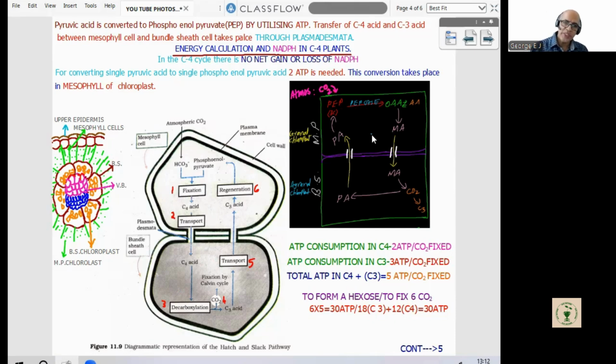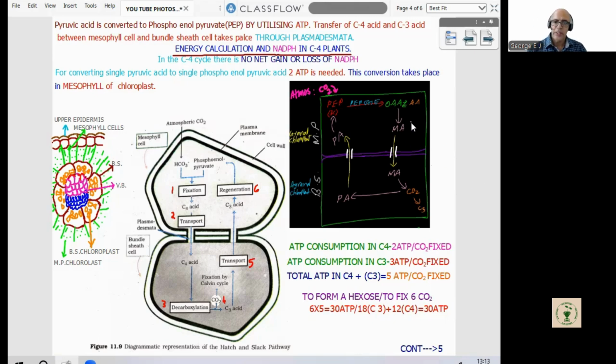So the enzyme rubisco is absent in mesophyll cells of C4 plants. The first reaction, carbon dioxide coupling with phosphoenol pyruvate, is catalyzed by a famous enzyme called pepcase, phosphoenol pyruvate carboxylase. The product we get is a 4-carbon acid called oxaloacetic acid. That is why the name C4 cycle.